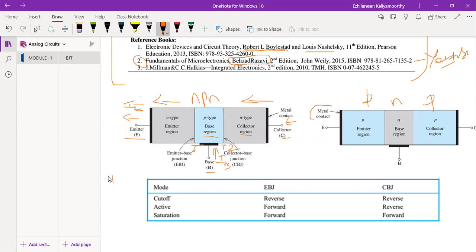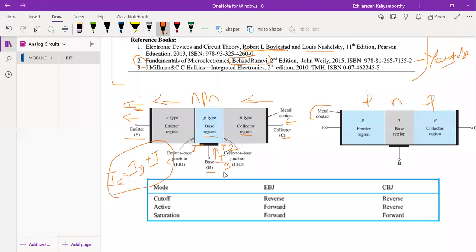So we can write IE is equal to IB plus IC. This is the expression.